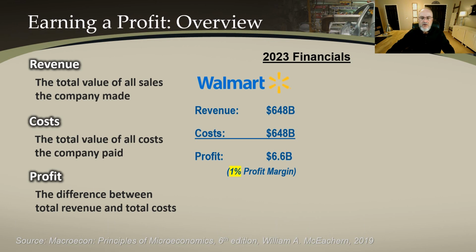My graphic is a little bit off there, which gave them about 6.6 billion in profit on $648 billion in revenue. That is only a 1% profit margin. That means that for every dollar Walmart took in that you bought, only 1%, 1 penny, ended up at the end of the year after all their costs being profit.